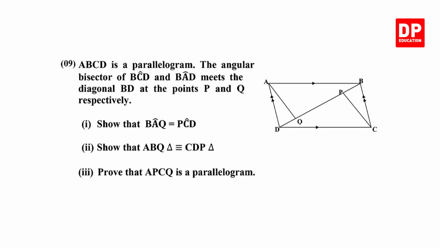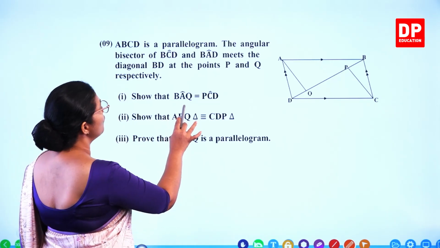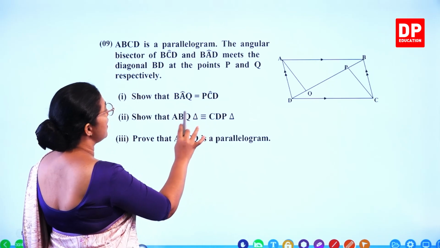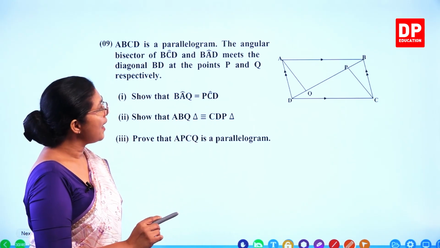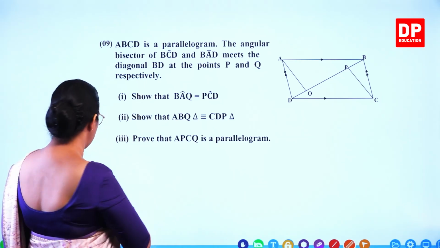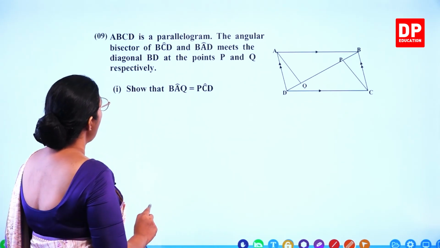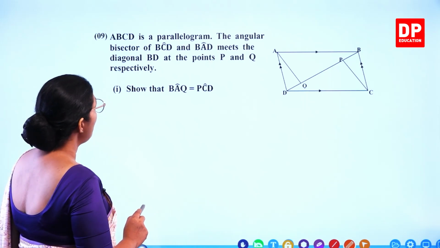Let's do question number 9. You have to prove these two triangles are congruent, and prove that APCQ is a parallelogram. So let's do the first part. ABCD is a parallelogram.